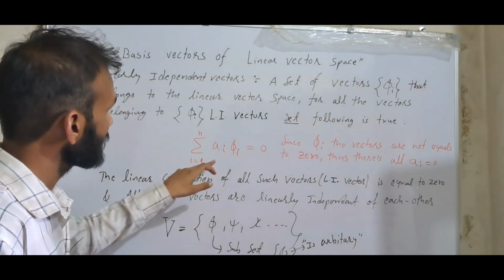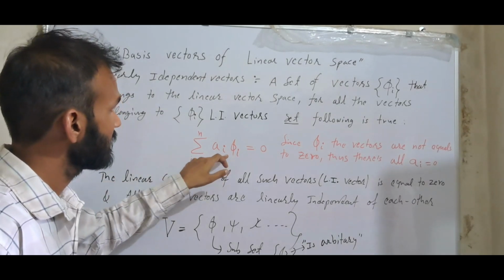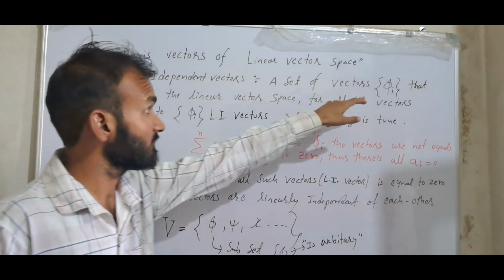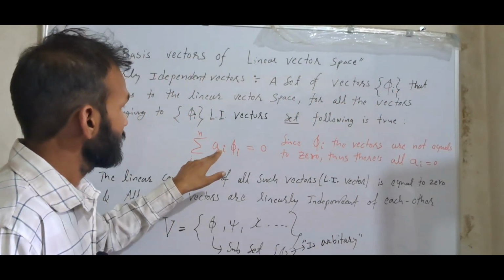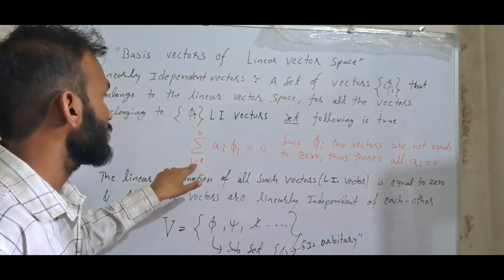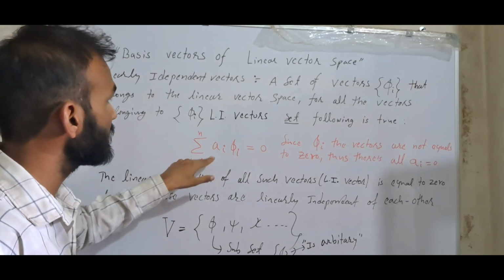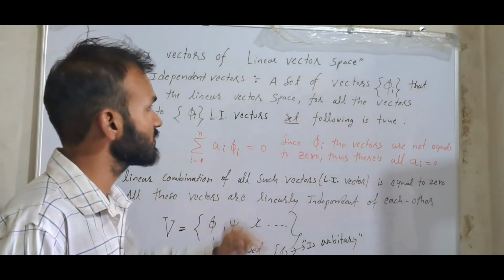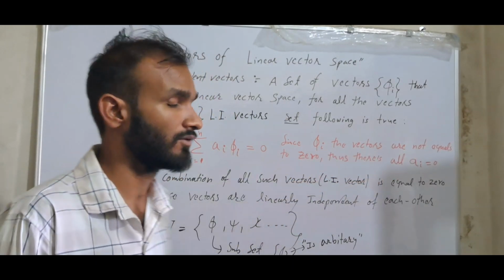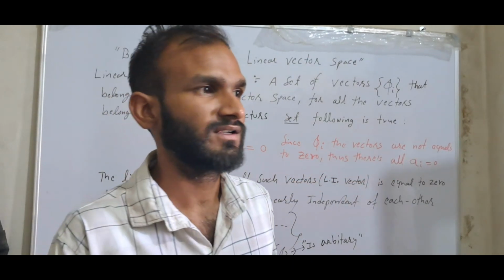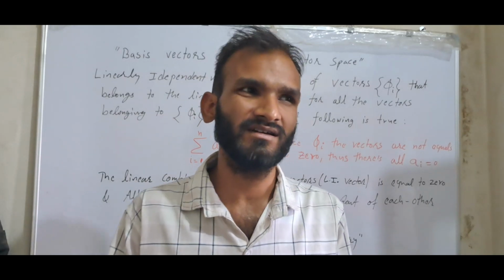So for all vectors belonging to this subset of the vector space, summation i equals 1 to n, a_i phi_i equals 0, where the phi_i vectors are not equal to 0. So basically every vector has a specific length. It is not a null vector.